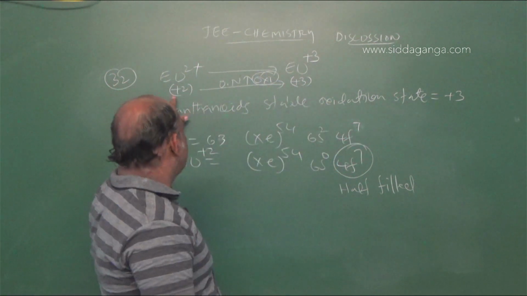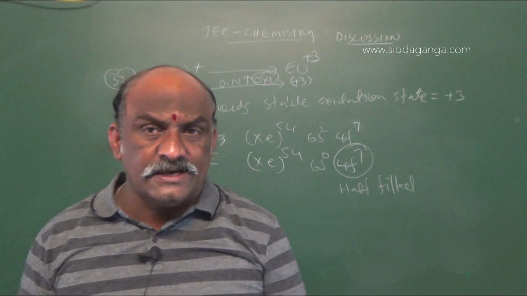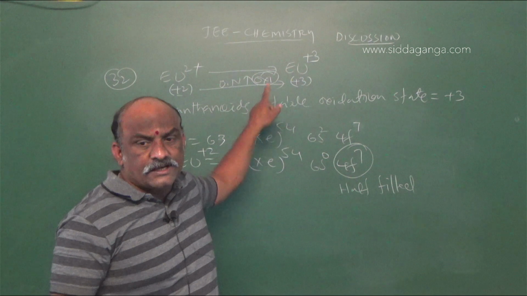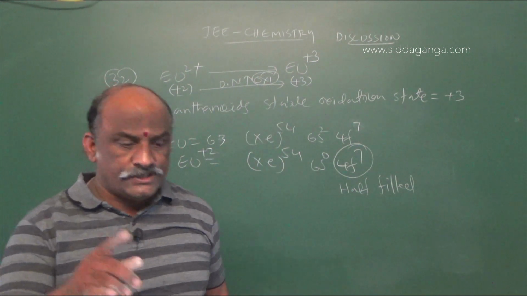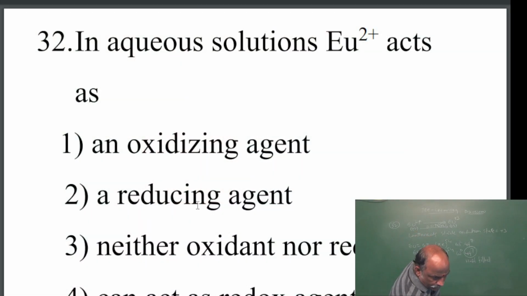That's why Eu2+ acts as a reducing agent, because it undergoes an oxidation reaction. So the answer is a reducing agent.